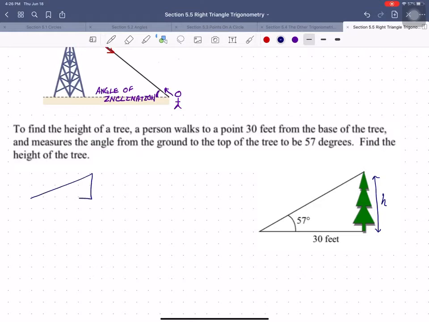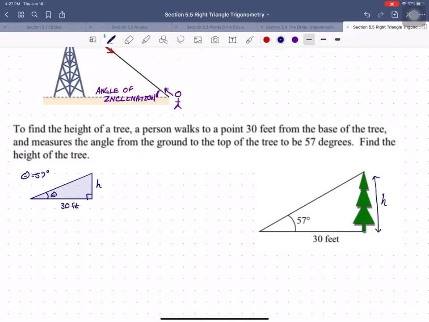So what we have is a right triangle with theta, an angle known, and 30 feet, and we don't know this side here. This is what we're trying to find. We know that theta equals 57 degrees.